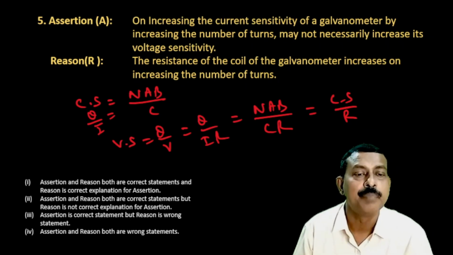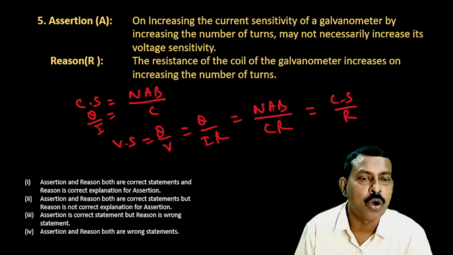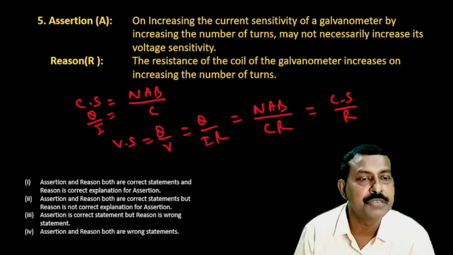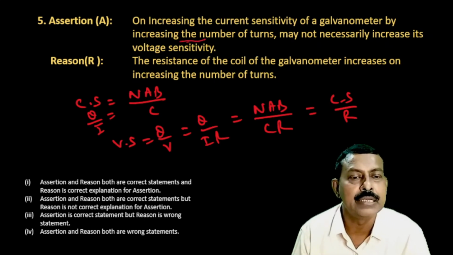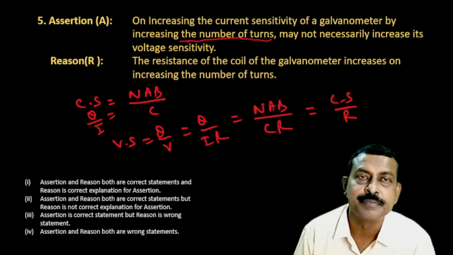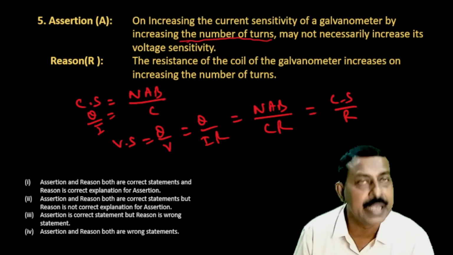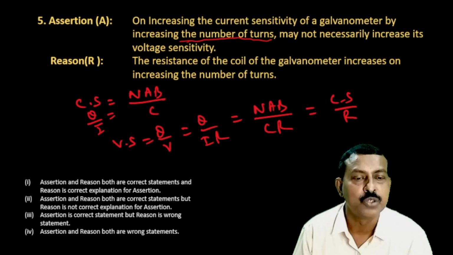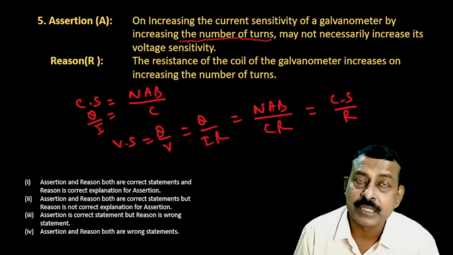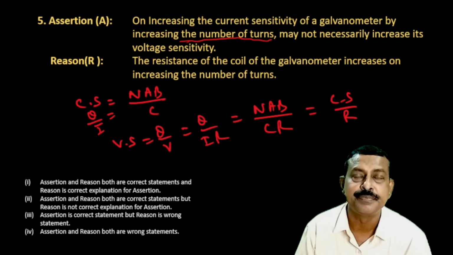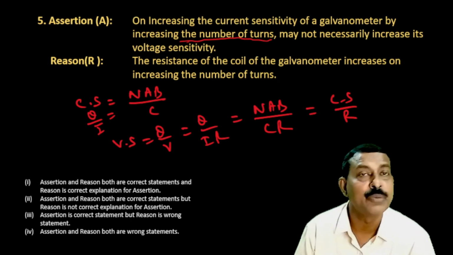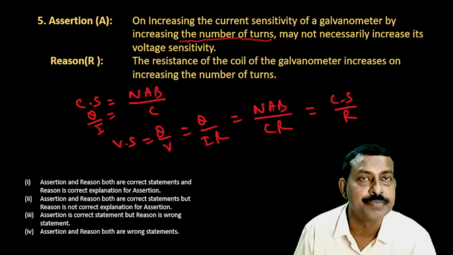Now here, it is saying that on increasing current sensitivity of galvanometer by increasing the number of turns. If you are increasing number of turns, you are changing N. So in that case, what happens? Current sensitivity will increase.